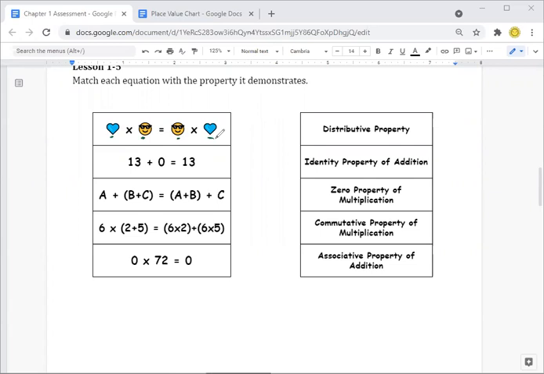So what changed? The ordering changed. So if the ordering changed, I know that that relates to commutative property, because it doesn't matter if I have, you know, going from home to school or school to home, it's still the same distance. And that's what commutative property showcases. So I'm going to connect this one down here to commutative property.